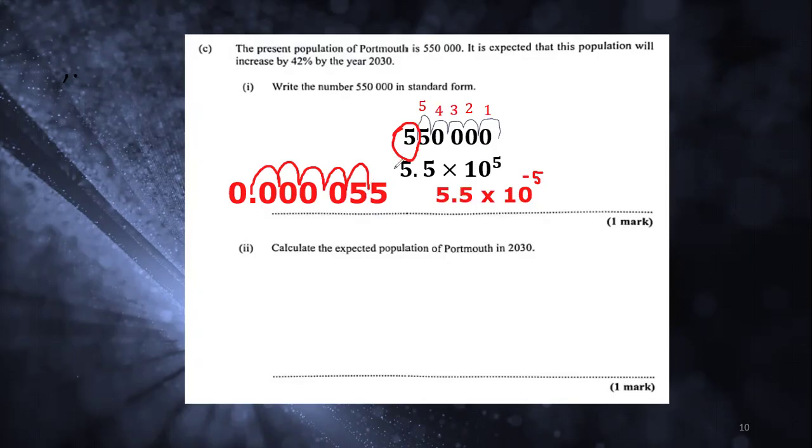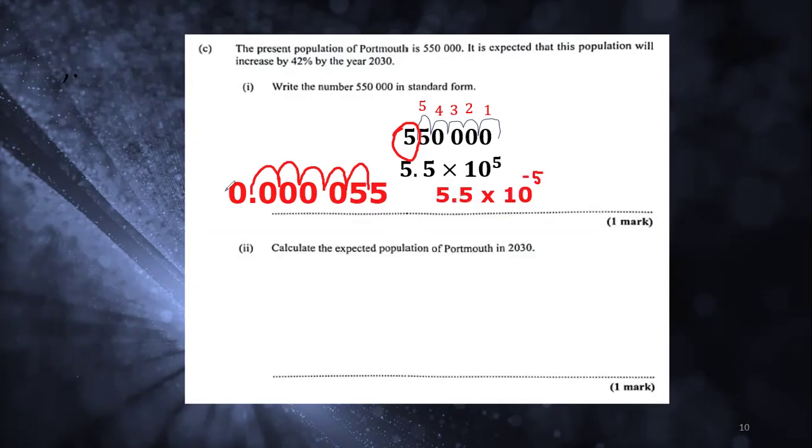If I had made another jump, that would have been 2 non-zero digits. I don't want that. In standard form, I must only have one non-zero digit. So I stop just between the two 5s, and it becomes 5.5 by 10 to the minus 5.